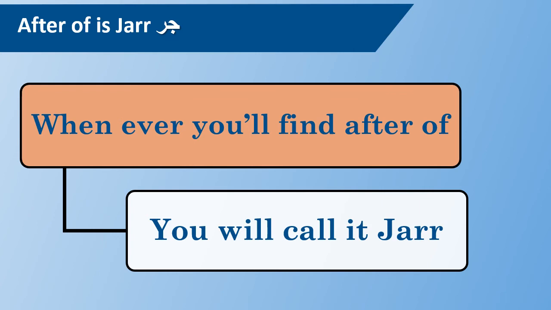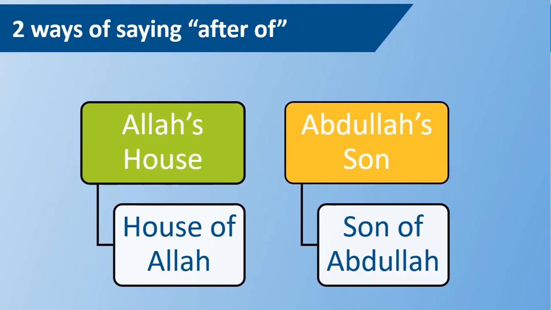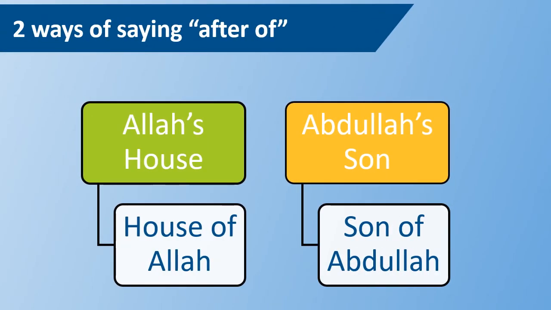Let's say it 5 times. Jar, jar, jar, jar, jar. There's one tricky thing in English when you're trying to look for the word after of. I can say Allah's house instead of house of Allah, or I can even say Abdullah's son instead of son of Abdullah.